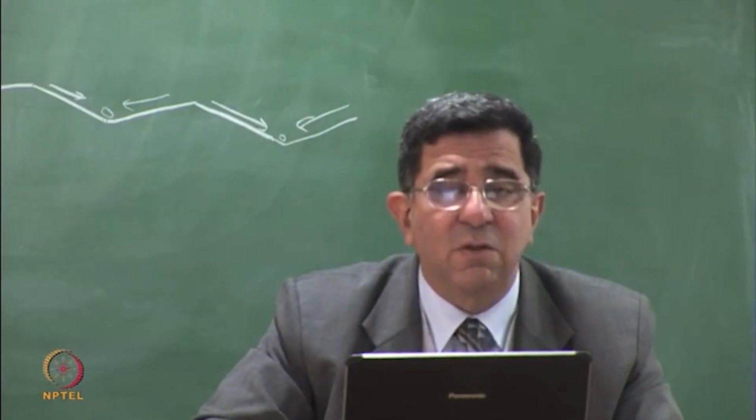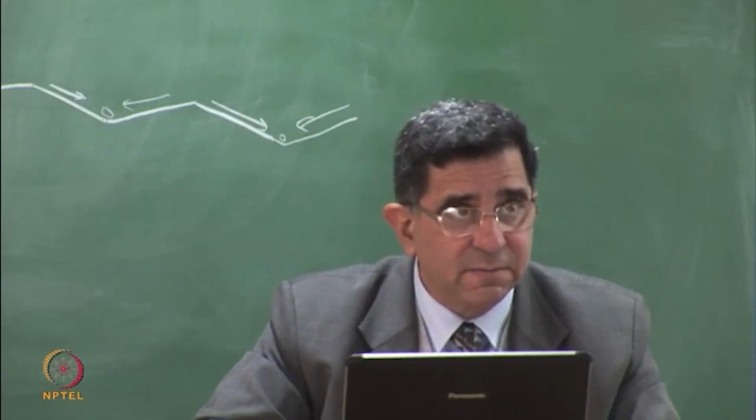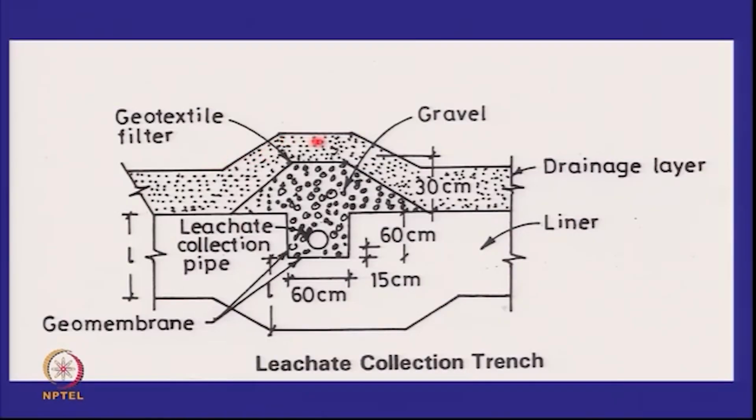Otherwise, the soil will go into the pipe, right? And around this is your sand gravel mixture, that is the leachate collection layer. And there has to be a geotextile or a filter between the gravel and the sand, so that the sand doesn't come and fill up the voids. So this is a typical leachate collection trench at the base of a landfill.